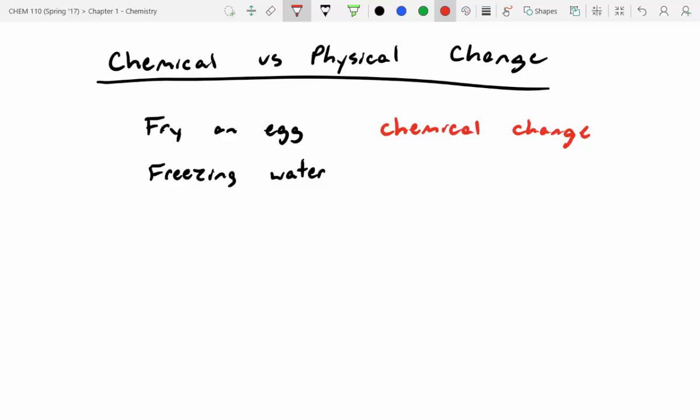All right, let's see a show of hands. Raise your hand if you think it's a physical change. Ah, good. Why is it a physical change? It's still water, it's just changing the shape. Yeah, it's still water. All we've done is change the temperature, right? We haven't altered the water itself. So this is a good example of a physical change.